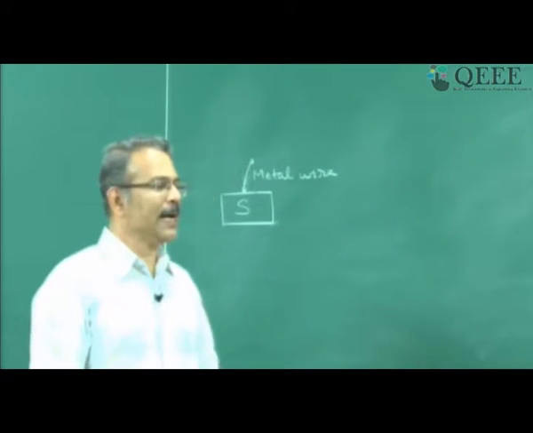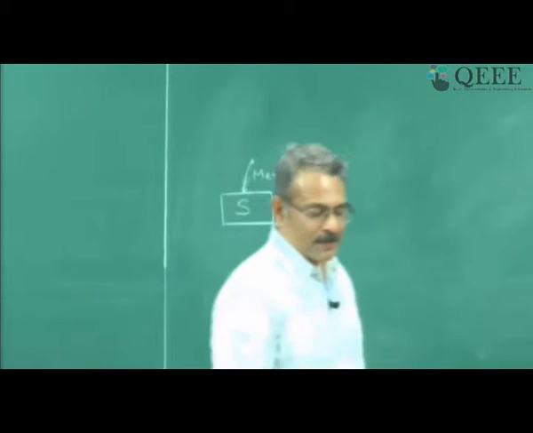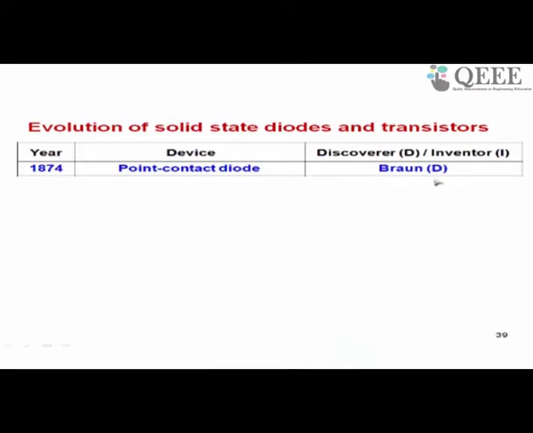You can see that I have put a D there in brackets, which tells whether it was a discovery or an invention. You know the difference between discovery and invention. Discovery is something that you stumble upon accidentally, right? Without a plan. You are looking for something and accidentally you discover, you get something else. That is a discovery.